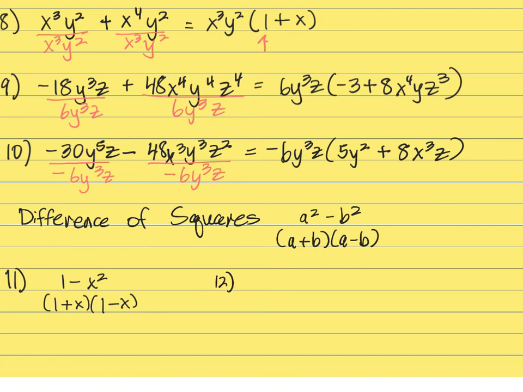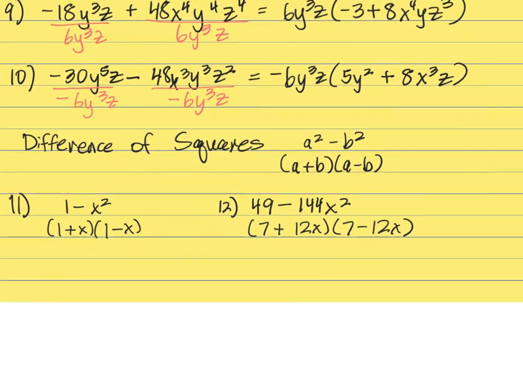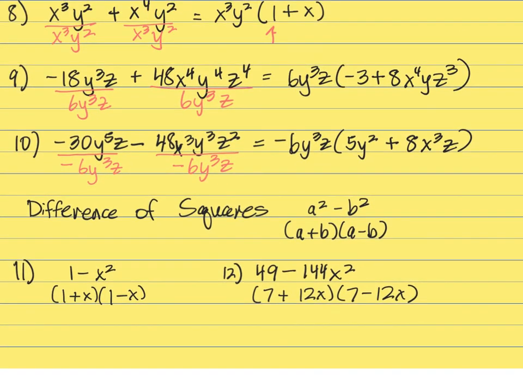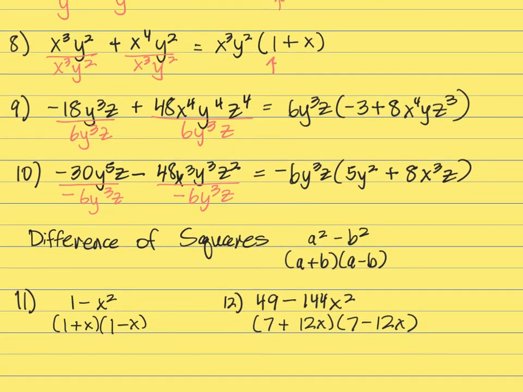If you had one like, say, 49 minus 144x squared, 49 is a perfect square, 144x squared is a perfect square, so this would be 7 plus 12x, 7 minus 12x. So you just got to be able to recognize that pattern. So if there was a GCF first, we would factor that out, of course, but if not, we're just looking at that. Let me go to a different page.